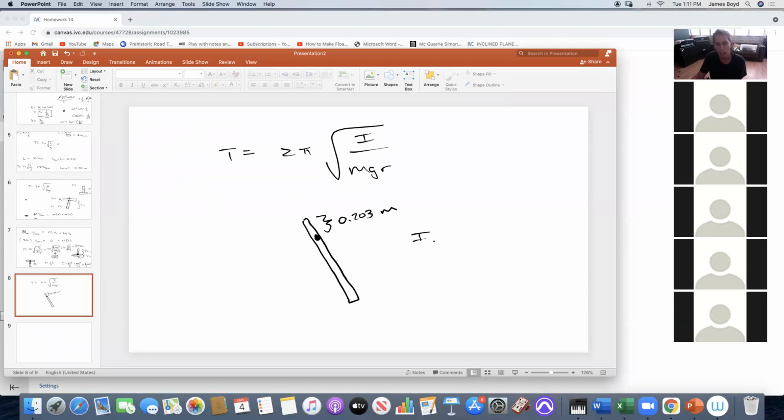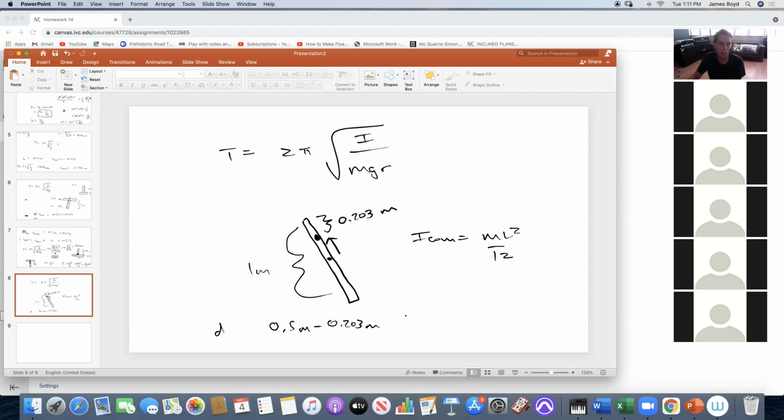We know that I, center of mass of a rod, is ml squared over 12, and this whole thing is 1 meter long. So we're moving, this half is 0.5 meters, minus 0.203 meters is our d. That's how far we're moving from the center axis.